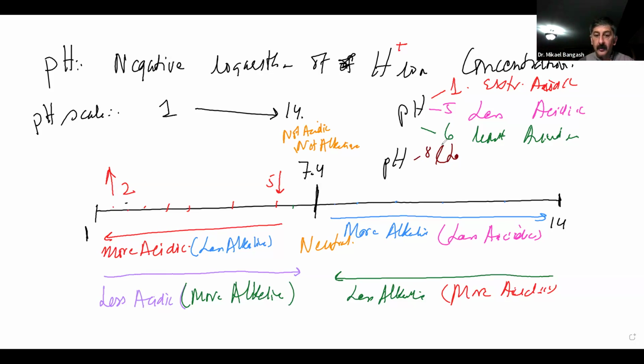So if for instance a pH of 8, we can say here this is going to be least alkaline compared to, let's say, a pH of 10. That's going to be more alkaline than 8.